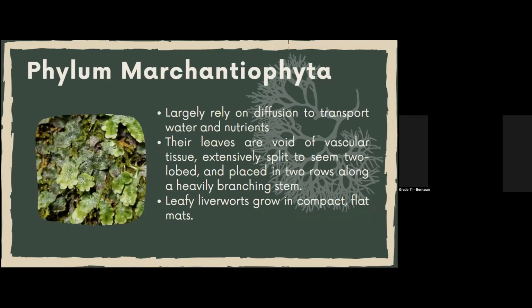Their leaves are void of vascular tissue, extensively split to seem two-lobed, and placed in two rows along a heavily branching stem. Unlike real mosses, which are usually erect, leafy liverworts grow in compact, flat mats.